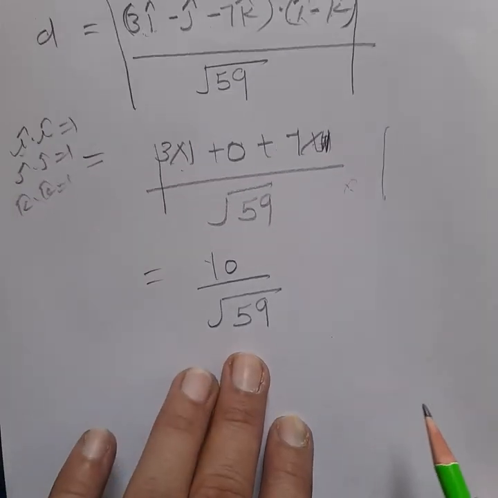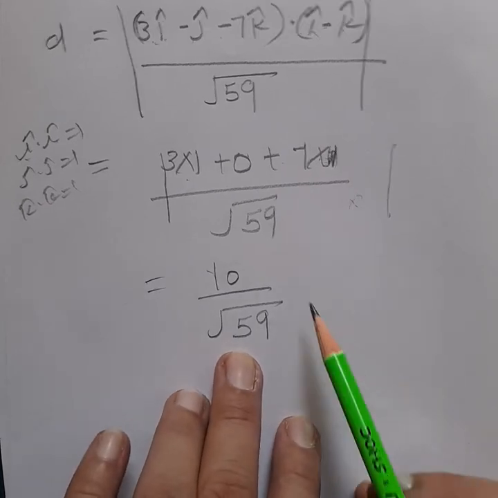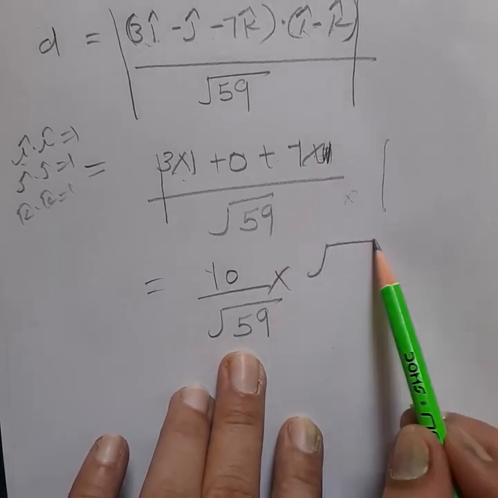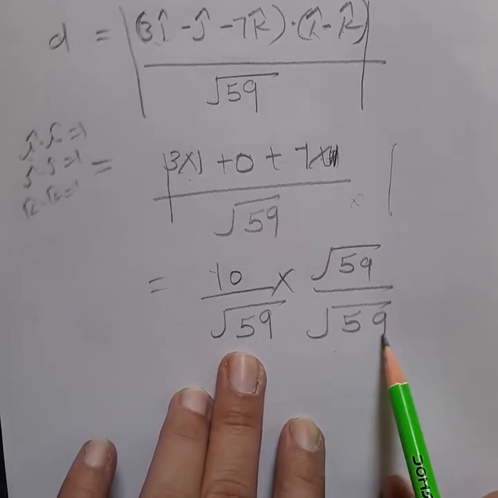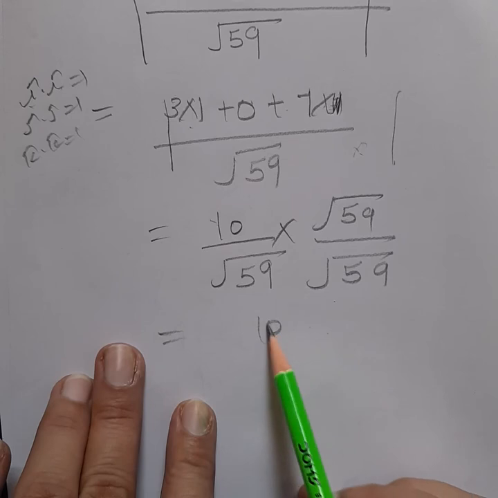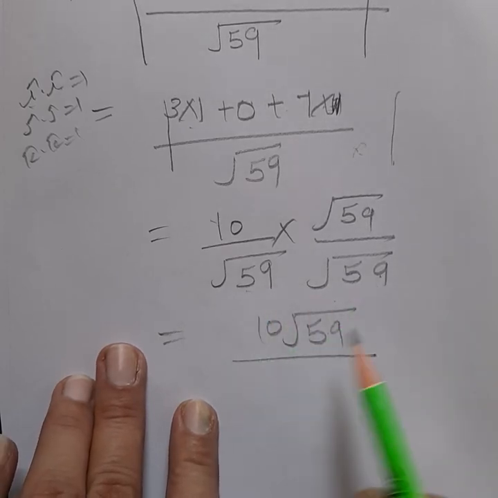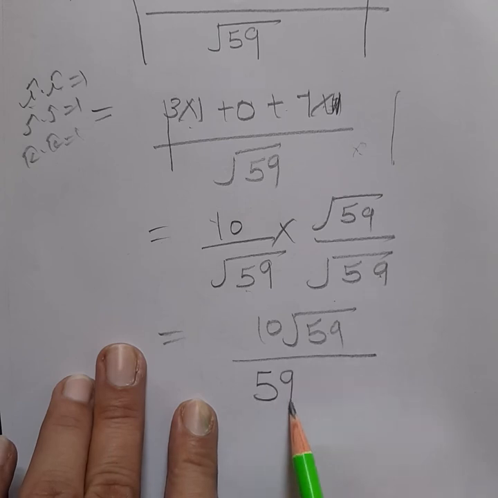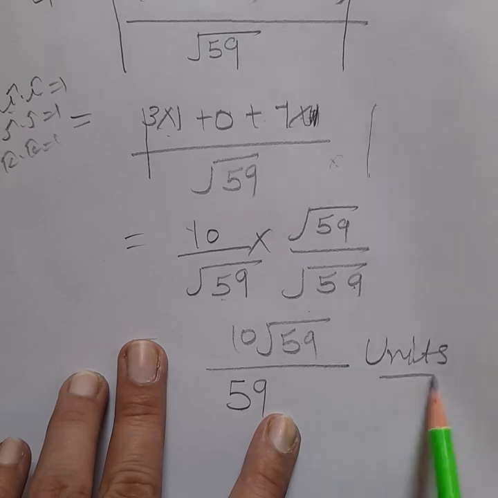Because students, it is the rule that we do not write the square root in the denominator, so we have to rationalize it. And for rationalizing you have to do this step, and we get 10 square root of 59, and square root of 59 are cancelled, and this is our shortest distance.